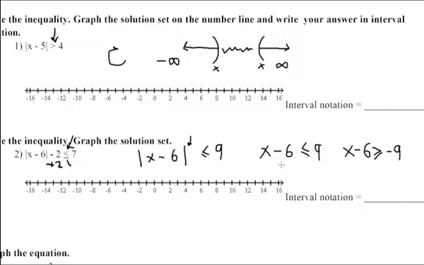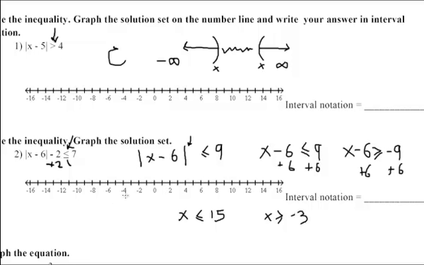So, on both of these, we're going to add 6, okay? If I add 6 to this, I get x is less than or equal to 15, okay? For this one, if I add a 6, that's -3, so x is greater than or equal to -3, isn't it, okay?